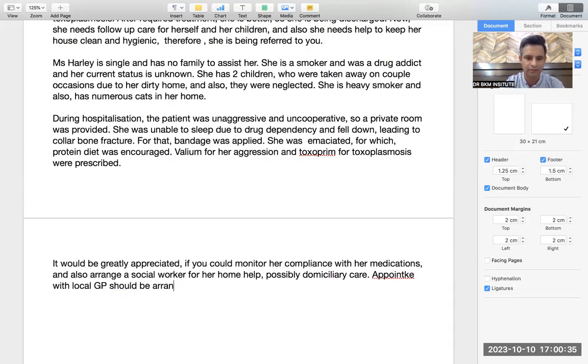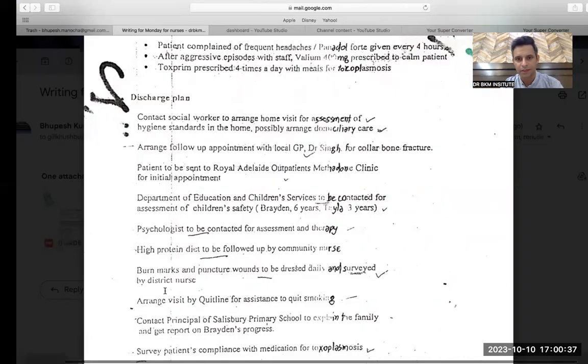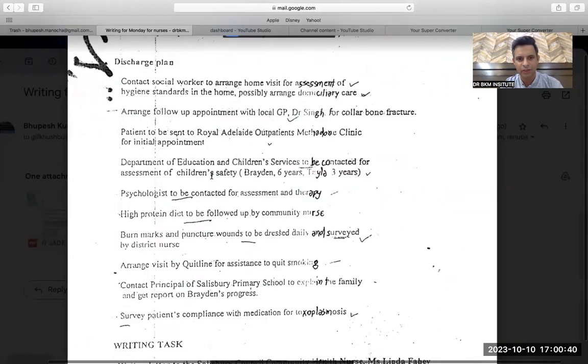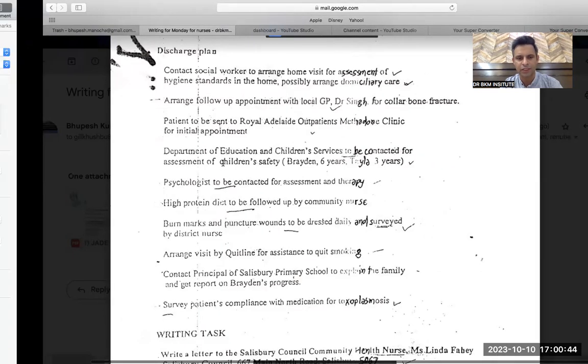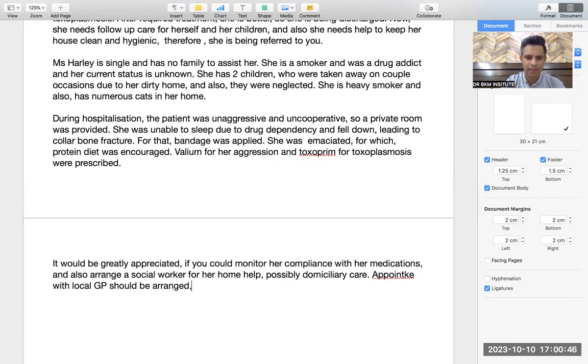Now it would be like that. Then patient to be this, I don't know. Department of Education Services to be contacted for assessment of children's safety. And Department of this and this needs to be contacted. Just shuffling "needs to be" in place of "should be".